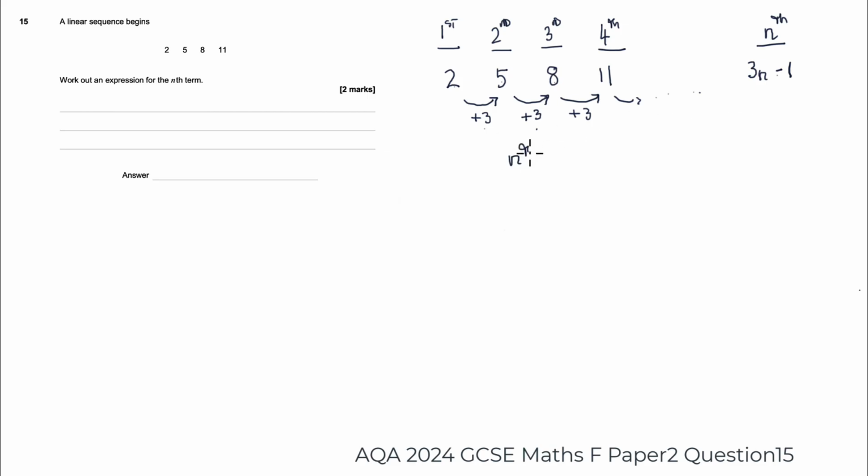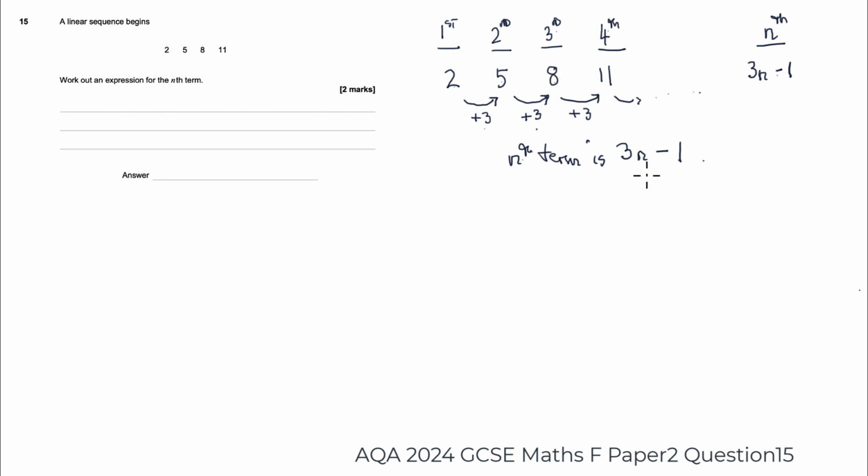The nth term: you multiply the number that the term is, the 1, the 2, the 3, the 4, by 3, and then take 1 away. This is 3 1s, take away 1. This is 3 2s, take away 1. 3 3s, take away 1. 3 4s, take away 1.